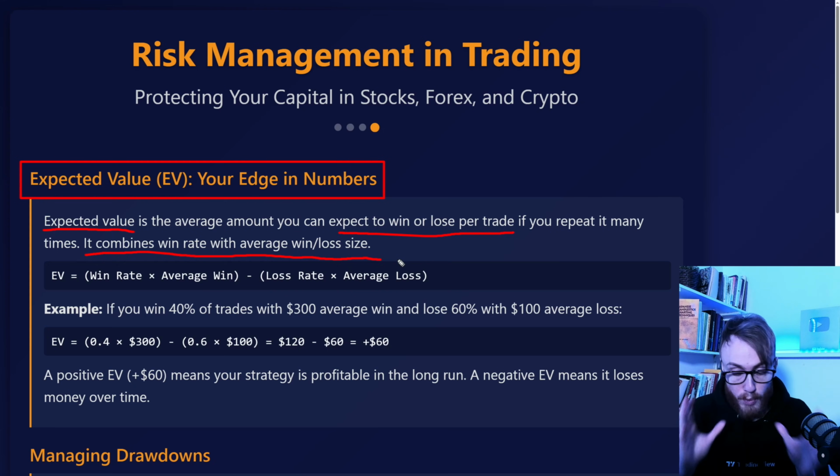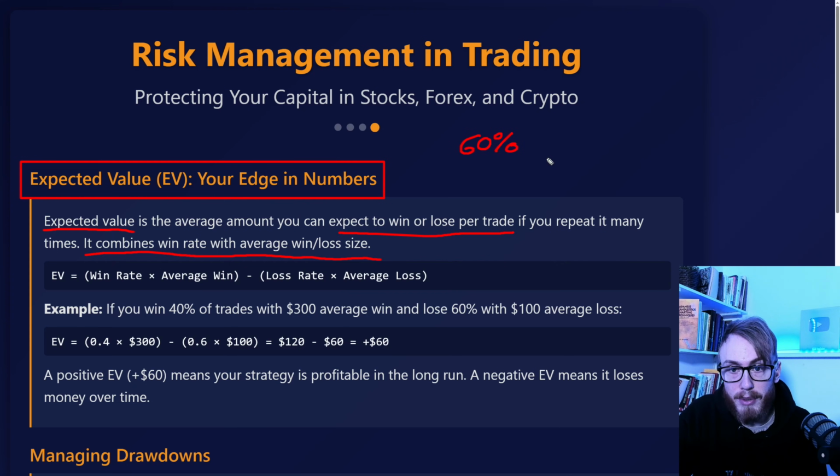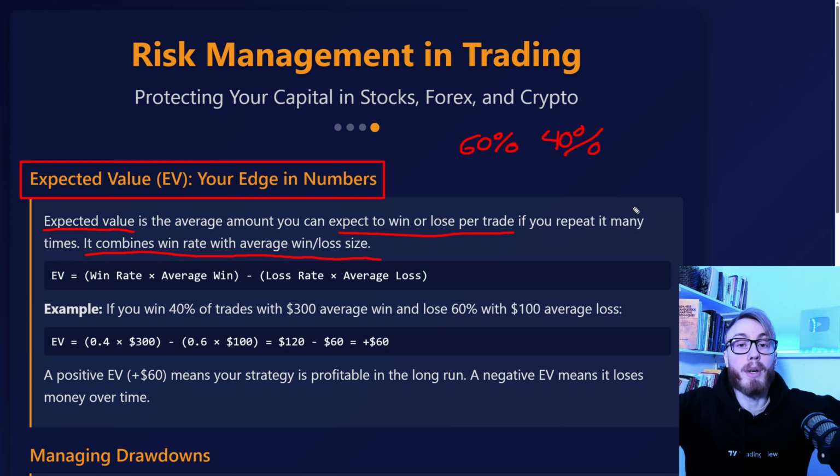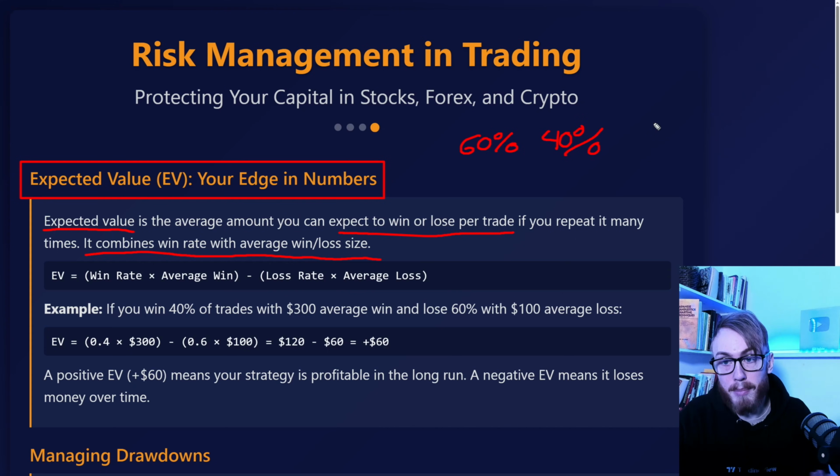So when it comes to trading, just as a simple example, let's say that we have a 60% win rate. This means that we also have 40% to lose. And if you have a trading opportunity with 60% win rates, and let's say that you risk 100 and you can win 100, then this is a trade you should always take, because if you take many of these trades, you will make money.